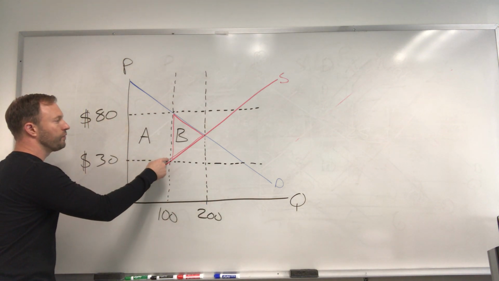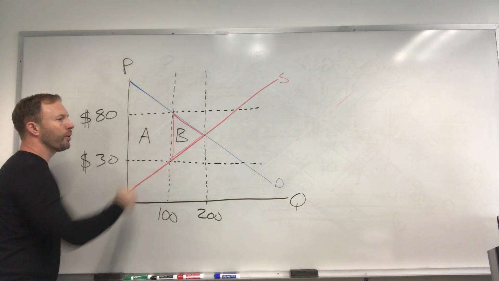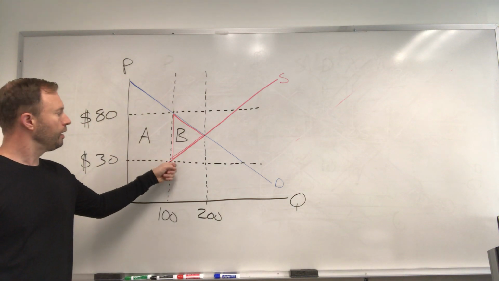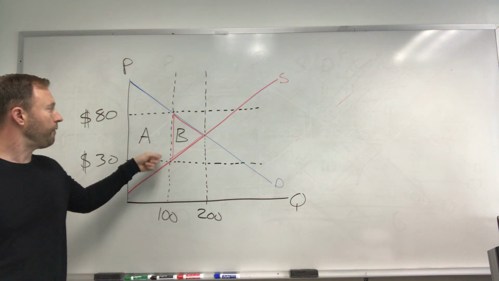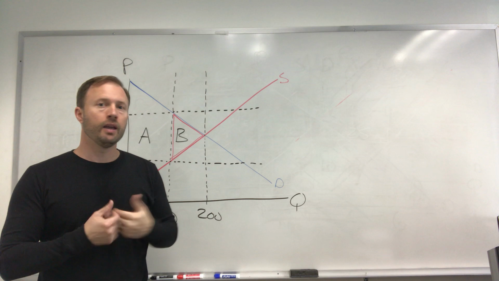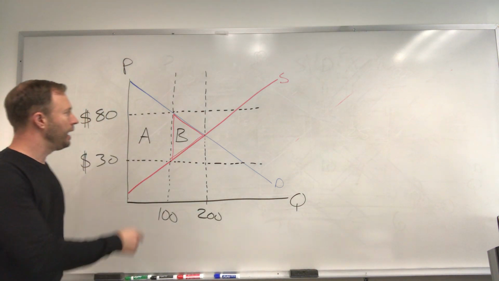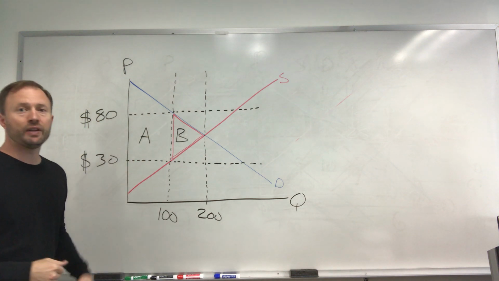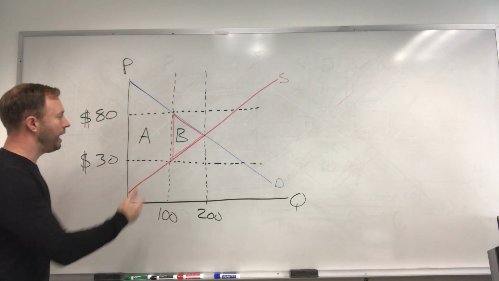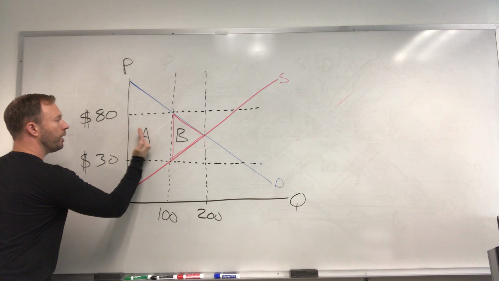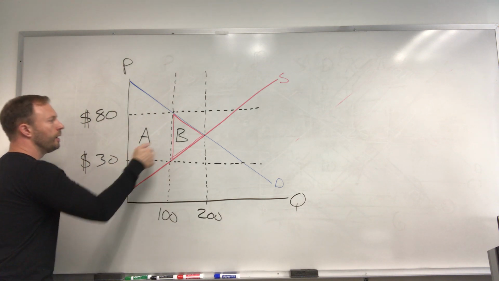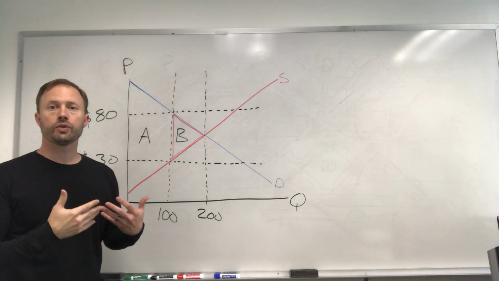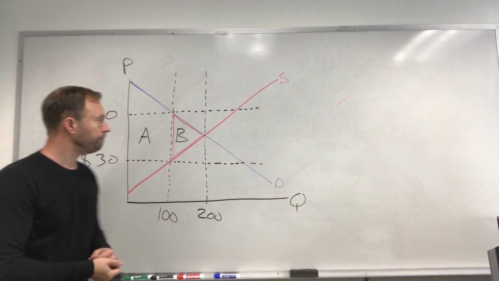Well, if this $50 represents a time price, I don't get to give the seller my time. I only get to give him the $30 price. So that $50 is lost to me, but it's not gained by anybody else. And so that becomes the cost or the loss of a deal that does get made. And if you add those up across all the 100 transactions that would occur, this area A is going to be the value lost from the trades that do get made.